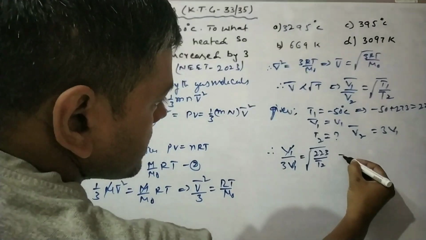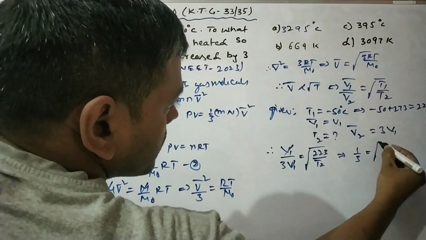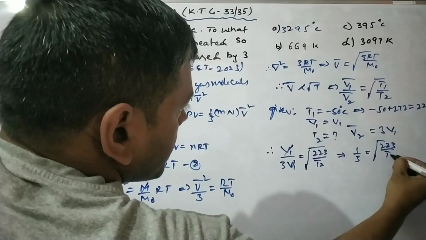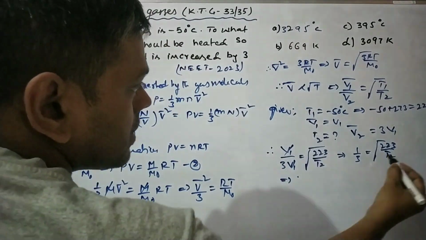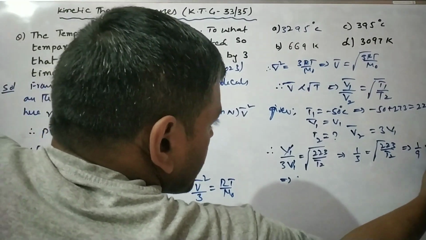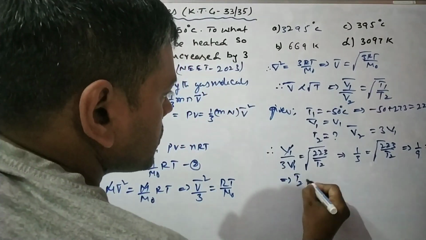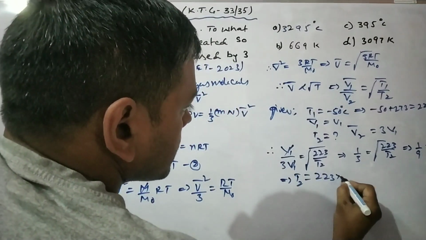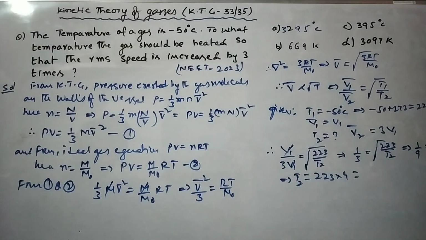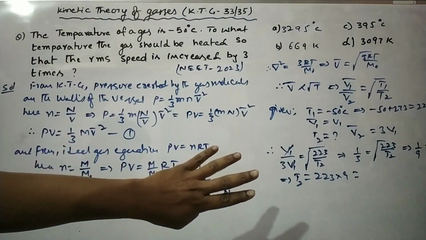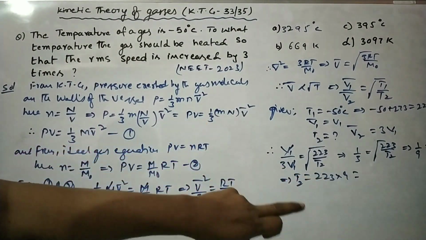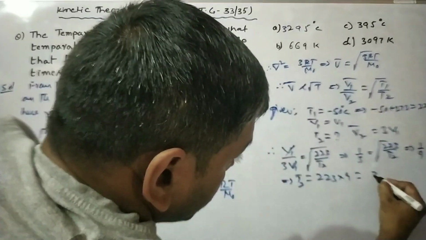That implies the remaining 1 by 3 is equal to under root 223 by T2. Squaring on both sides, 1 by 9 is equal to 223 by T2. That implies T2 is equal to 223 into 9. When you multiply this, you get 3568 Kelvin.